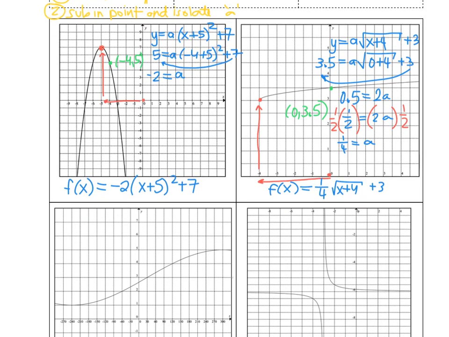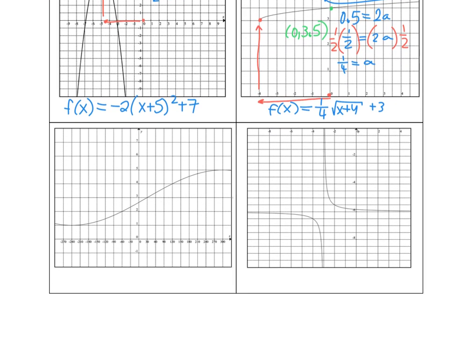Now, let's do this rational example on the bottom right, and then we'll look at some other functions, and we'll go back up to the tips and tricks. So for this rational function, I first want to highlight where my asymptotes are. So I have one at -3 and -6, which means my rational function must have shifted to the left 3 and down 6.